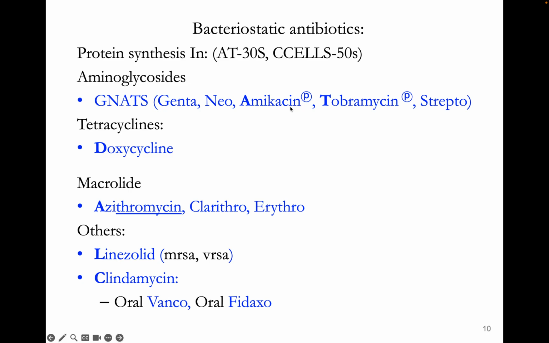Very important because it is very effective for the hospital setting. Both amikacin and tobramycin are commonly used in the hospital setting. Okay, so how I remember is NATs: gentamicin, N, neomycin, amikacin, tobramycin, and streptomycin. Okay, so what do you have to remember?